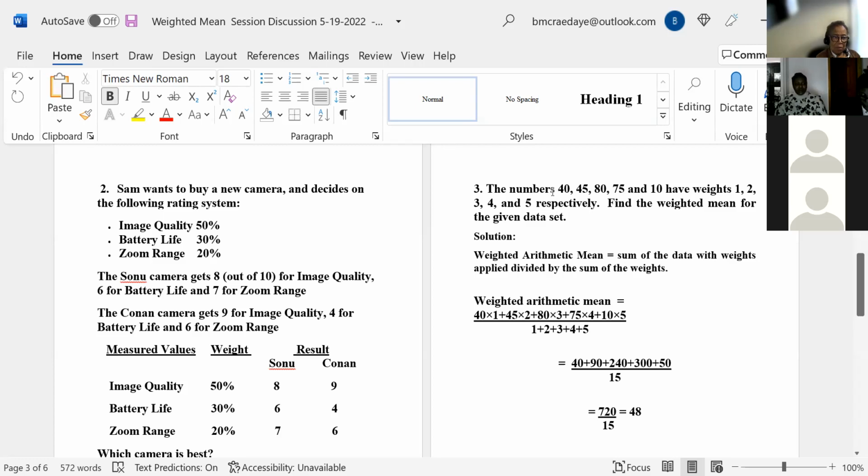But remember, I don't give you as much because you don't have as long. I'll give you one of these weighted means, but I'll start you off with one where I just give you the mean like this one, like number 3, and then we'll work our way up to the others. Questions? All right, let's go to a new share.